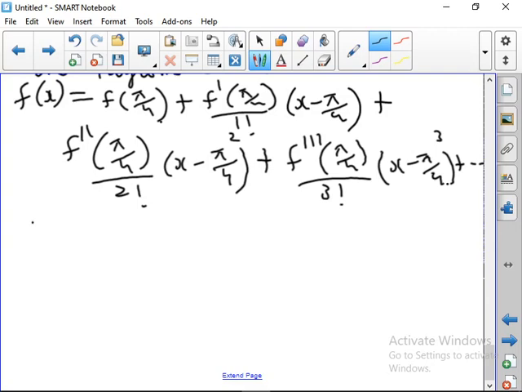So f of x is sin x. Sin x is equal to f of pi by 4, 1 by root 2.